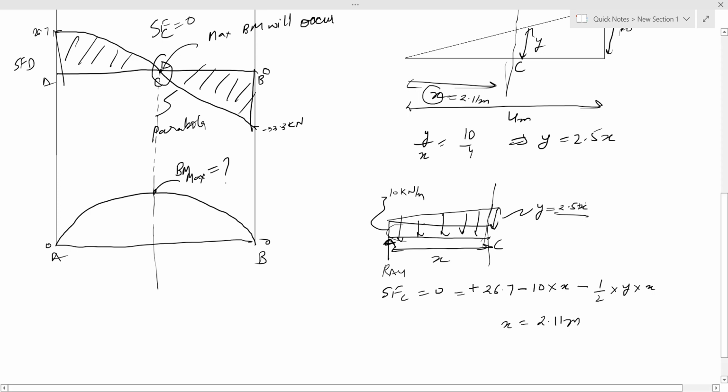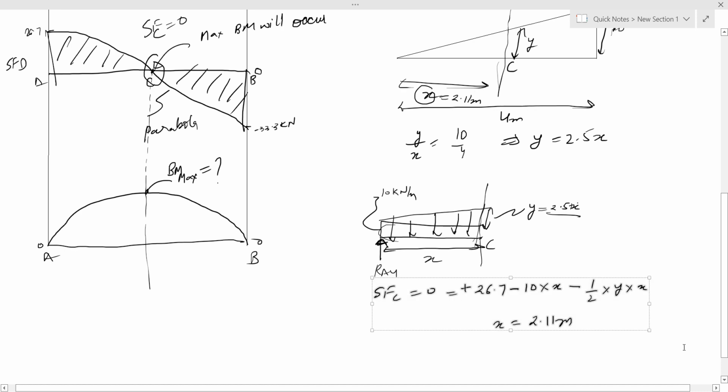Now we will find the value of maximum bending moment at this point. We'll also draw a load diagram, free body diagram for this, like this.